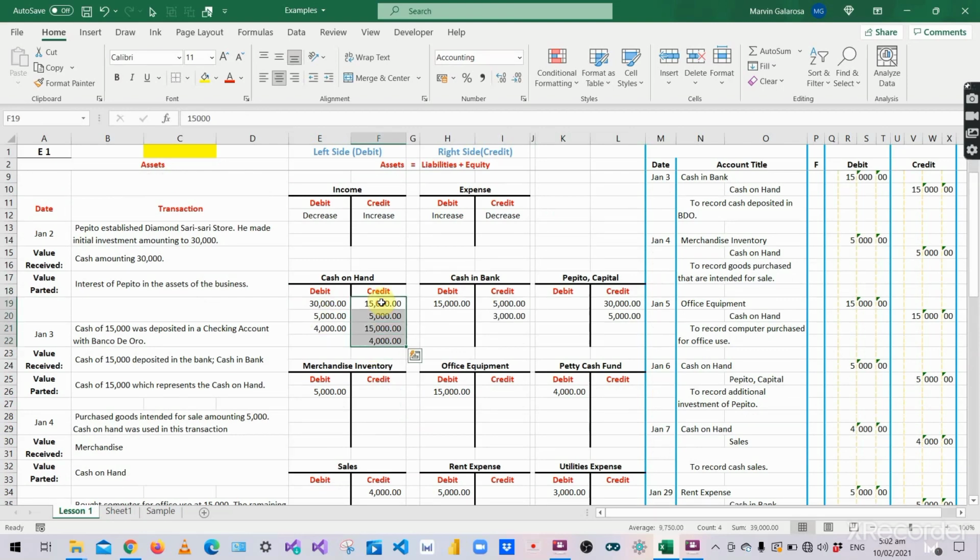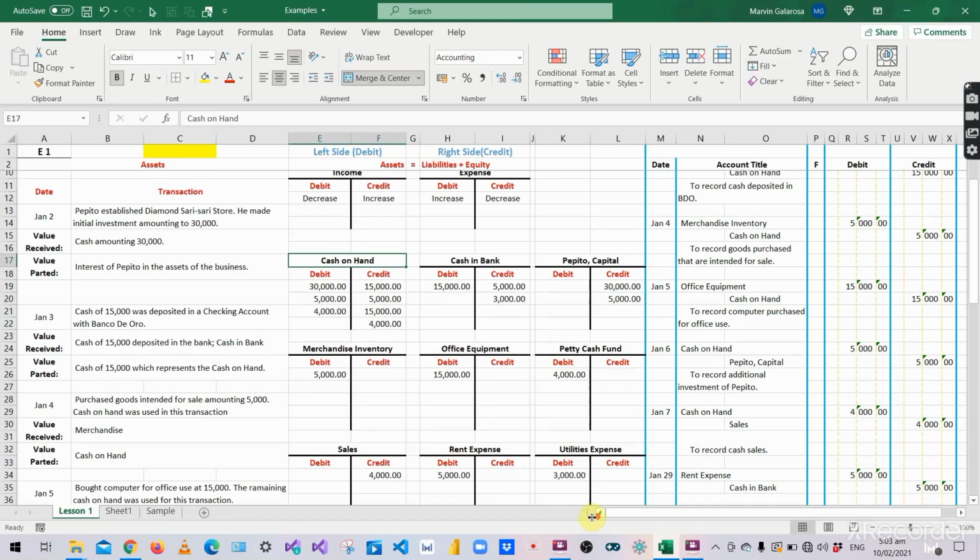So accordingly, yung total credits mo dito, 39,000, equal na siya sa debit side na 39,000 din. So ang balance ng cash on hand mo after this transaction is 0 na siya.